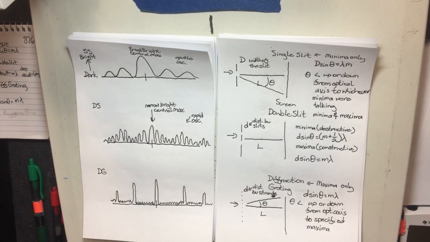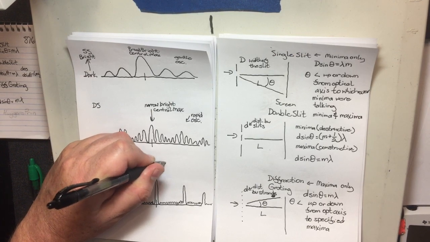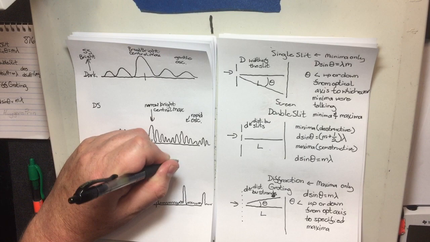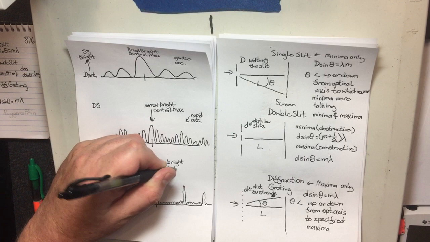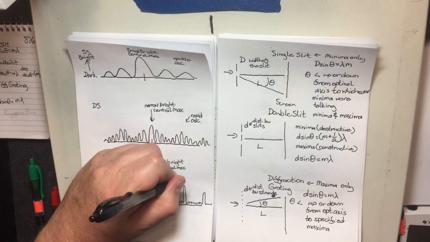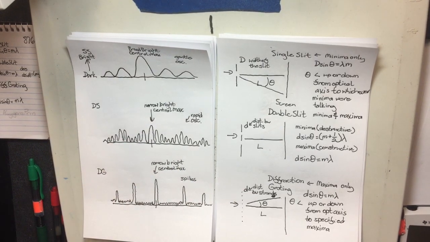With the diffraction grating, it is a narrow, bright, central max, and then you've got a whole bunch of little oscillations, but with spikes on either side at particular distances. With single and double slits, the light gets bright and then fades to dark, then gets bright and fades to dark, etc. For diffraction gratings, it's bam, I'm here, nothing.